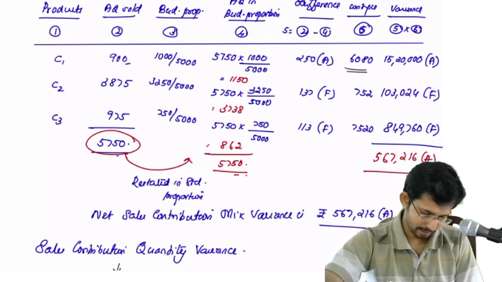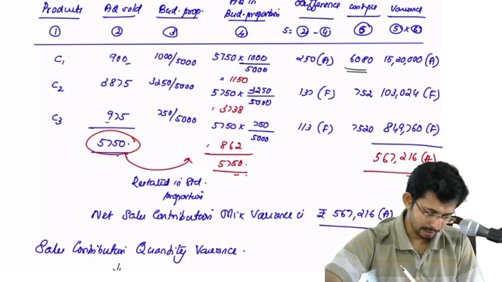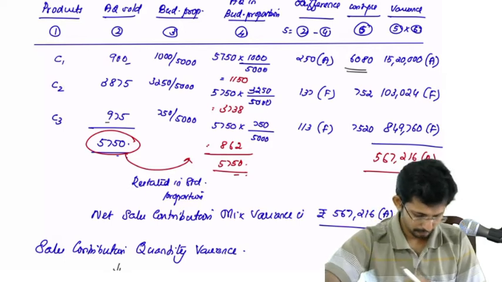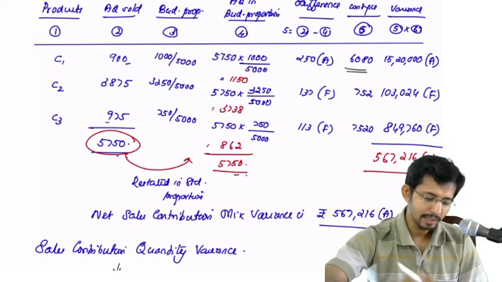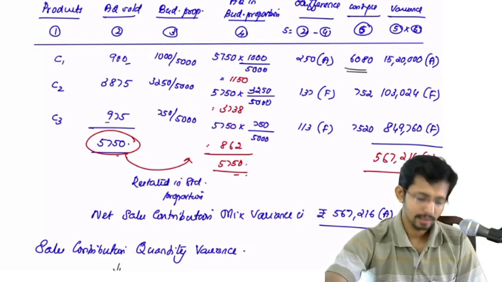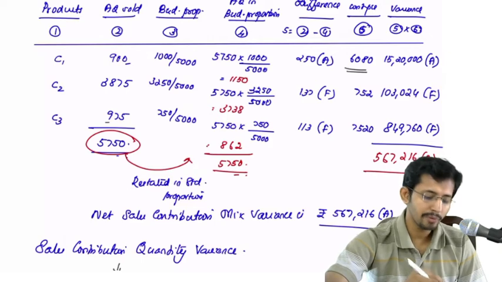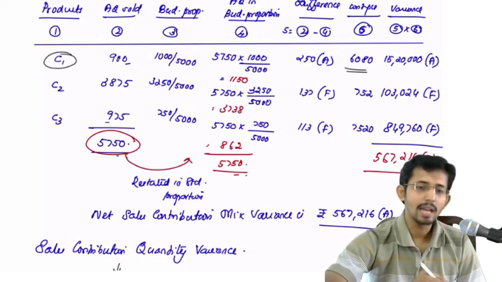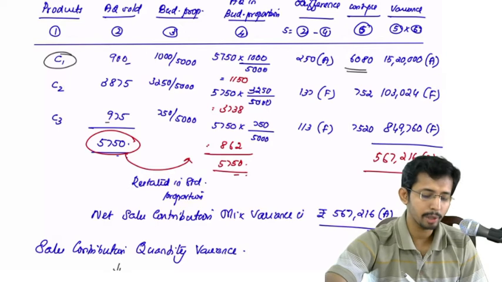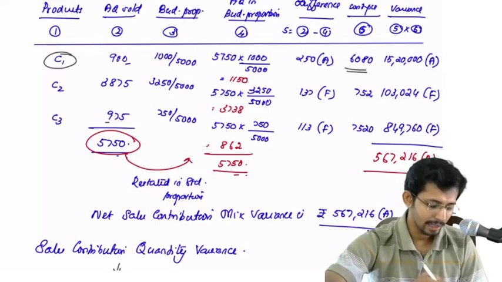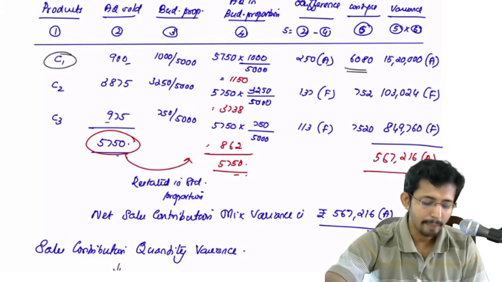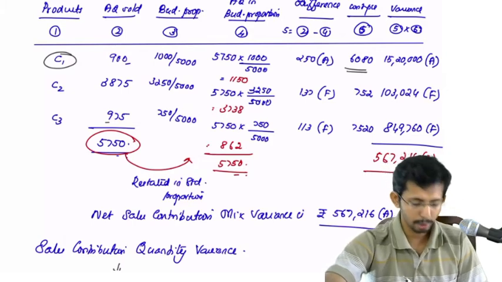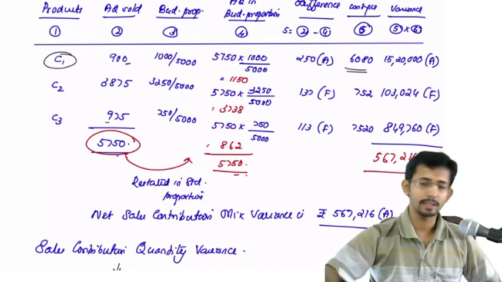In case of C3, it is a favorable thing. 862 you should have sold, but 975 you have actually sold, so it has resulted in a favorable variance. But the adverse fall in the number of units sold in case of C1 and the consequent loss in the contribution is much higher than the combined additional contribution in case of C2 and C3.